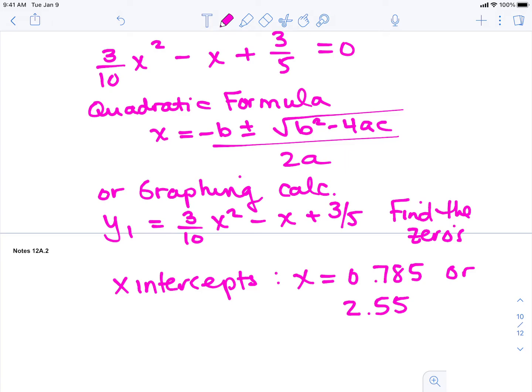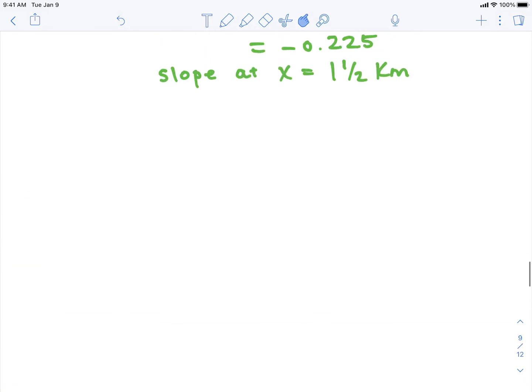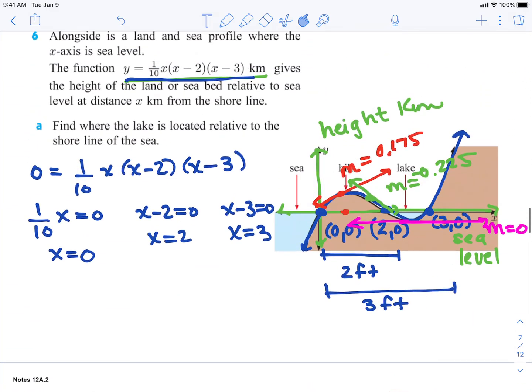So what we need to do is go back and look at the graph. Which one of those would make sense in our image? If we're at x equaling 0.785, that is not the deepest point. But if we go here, somewhere between 2 and 3 is the deepest point of the lake. So our answer, x equaling 2.55, would be the deepest part of that lake.